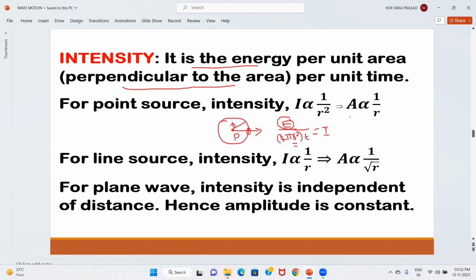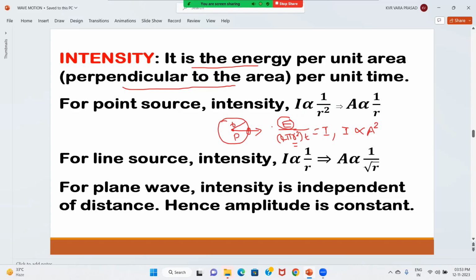That means intensity is also proportional to the square of the amplitude. So A square is proportional to 1 by R square, therefore A is proportional to 1 by R. So for a point source, intensity is proportional to 1 by R square, which implies amplitude is proportional to 1 by R.